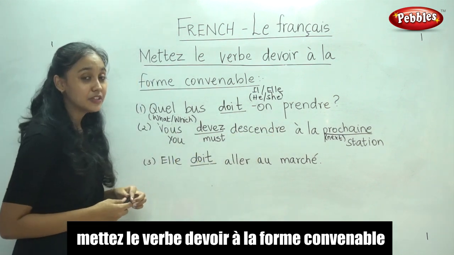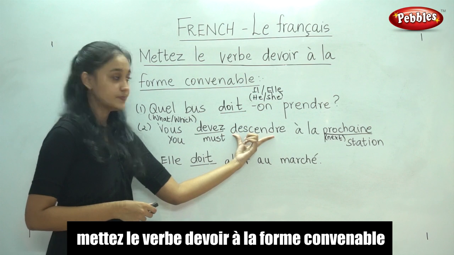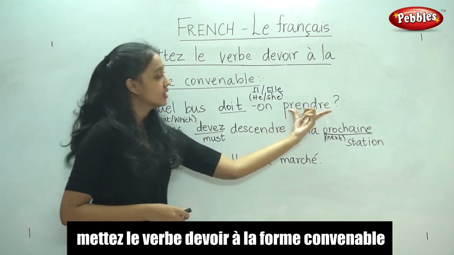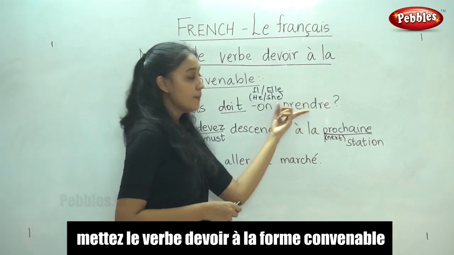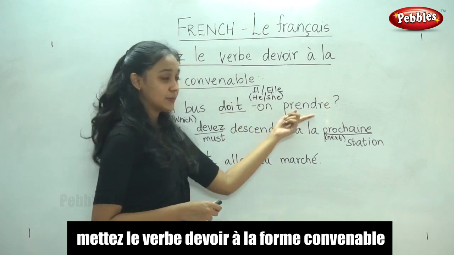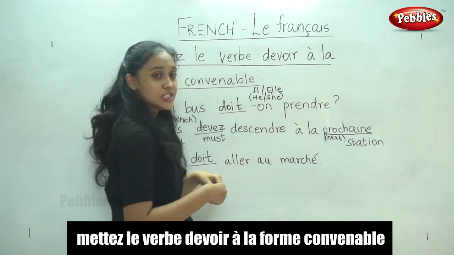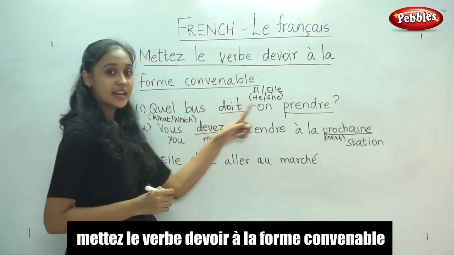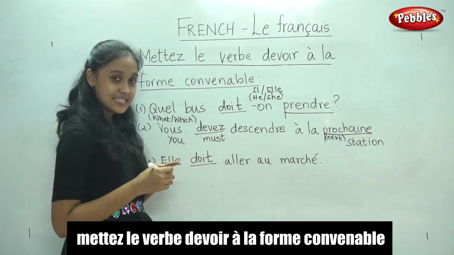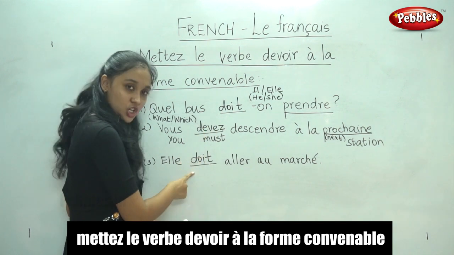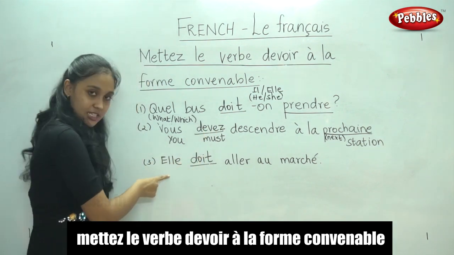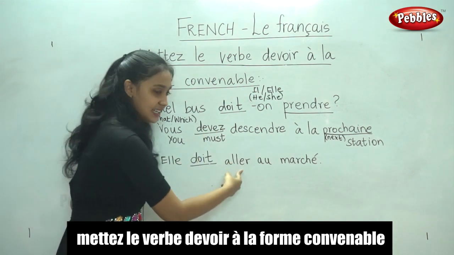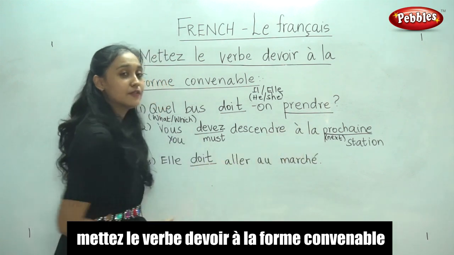So, what is the infinitive? Descendre. And did you notice this verb? Prendre, we learnt this verb. It means to take. Did you note that it is in the infinitive form? Yes, when there are two verbs in a sentence, the first verb is conjugated based on the subject pronoun and the second verb remains in its infinitive.